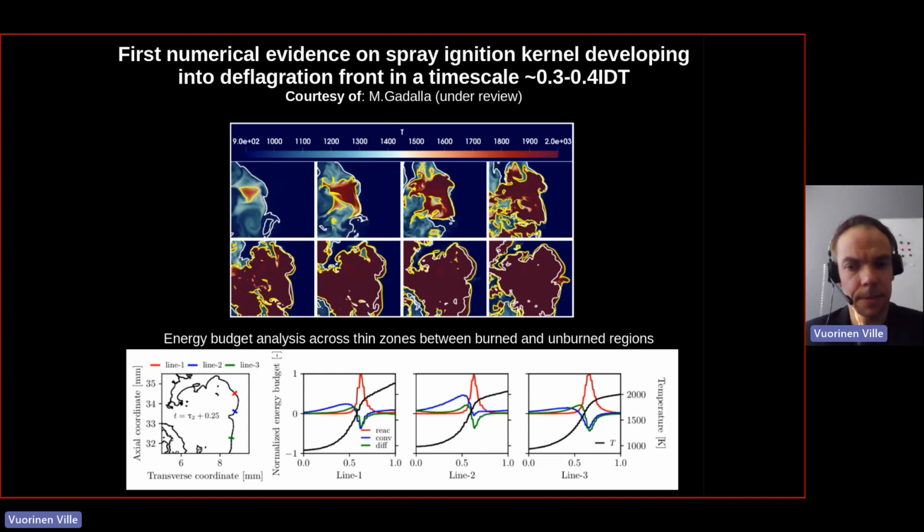And indeed, this was shown in many ways in our preprint, but the energy budget analysis in particular across thin zones between the burned and the unburned regions indicates that there is a balance between reaction and diffusion, which indicates premixed flame formation.